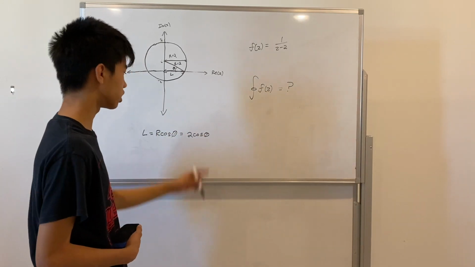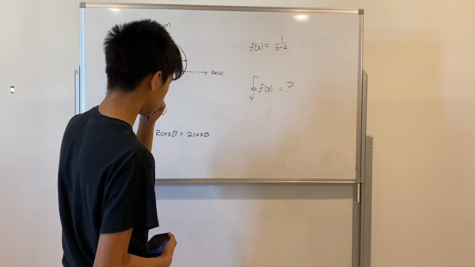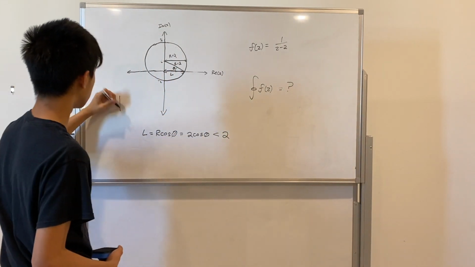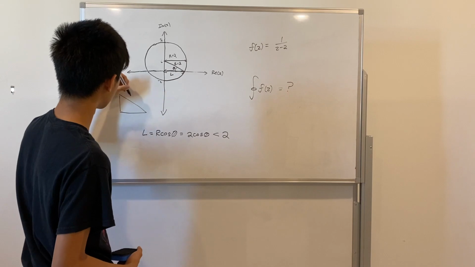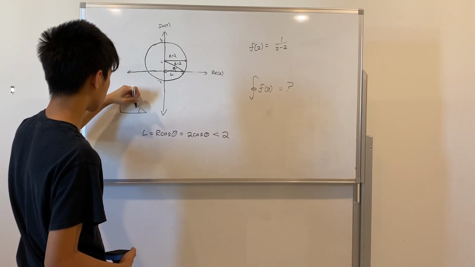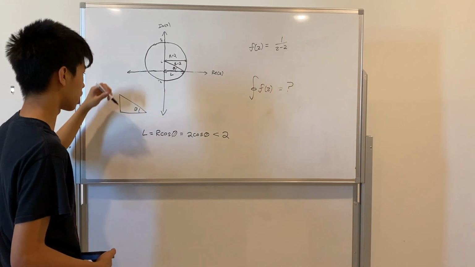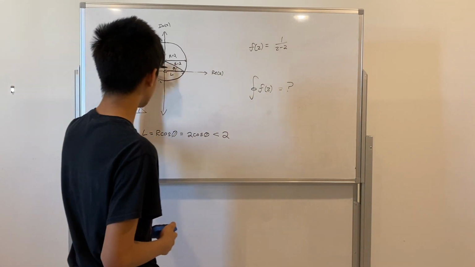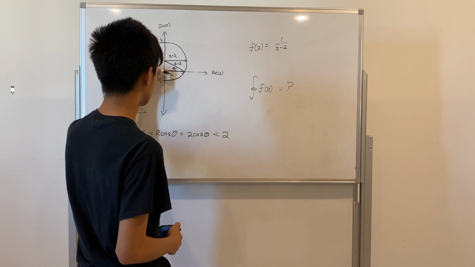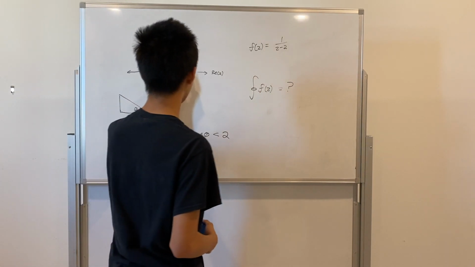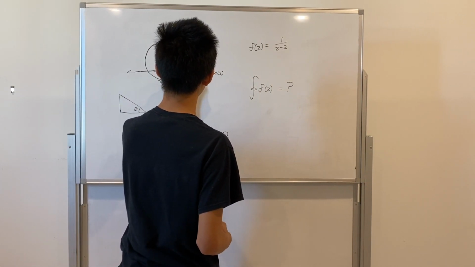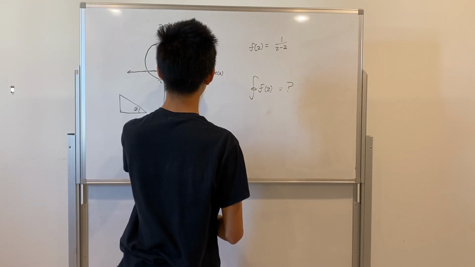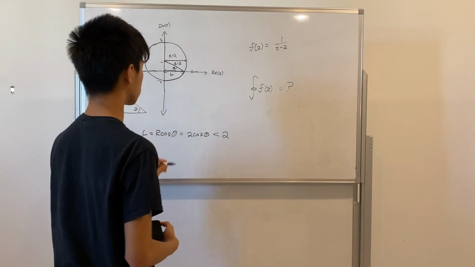And since theta is non-zero, we know L is going to be less than 2, because in a right triangle, the adjacent side to the angle is always less than the hypotenuse. So we know that this distance L is less than 2, meaning that our discontinuity z equals 2 has to be somewhere outside of the circle.